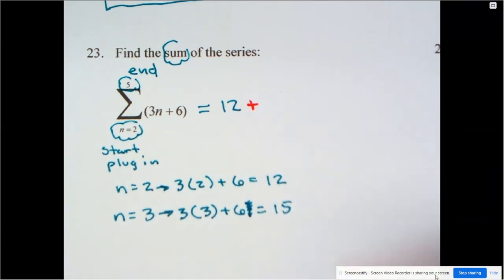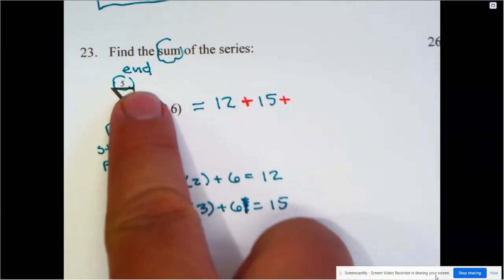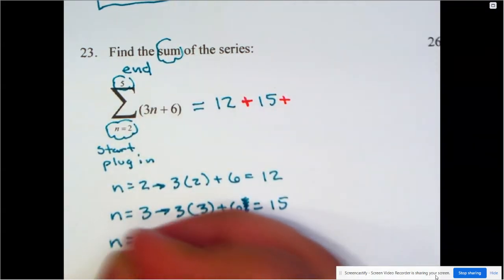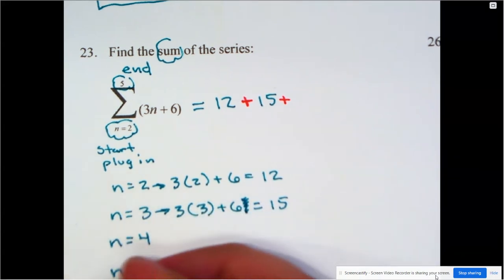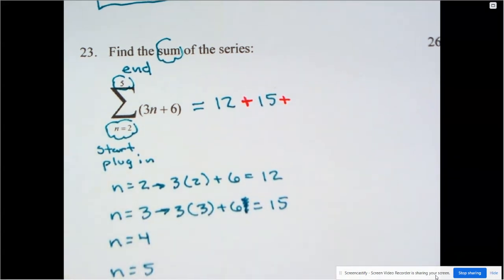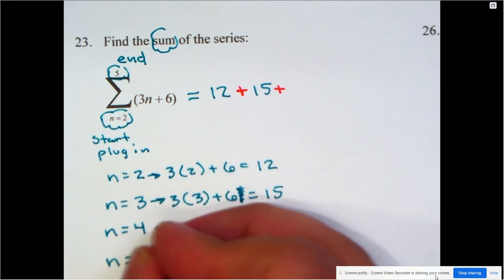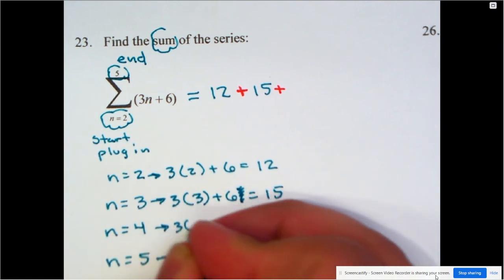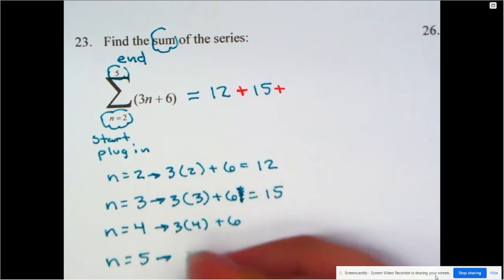All right, so I'm going to put a 15 here. But I know I'm not done because I'm supposed to stop after I plug in a 5. Well, I'm not there yet. Remember, I'm basically going all the way to 5 is what they told us to do. All right, here we go. 3 times 4 plus 6. 3 times 5 plus 6.